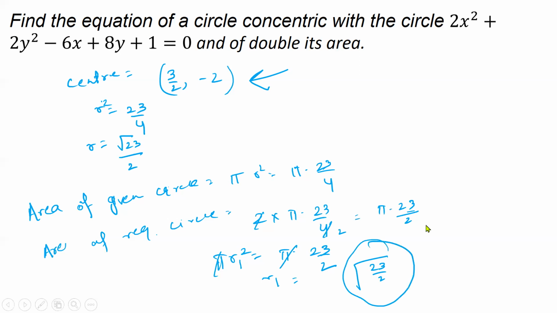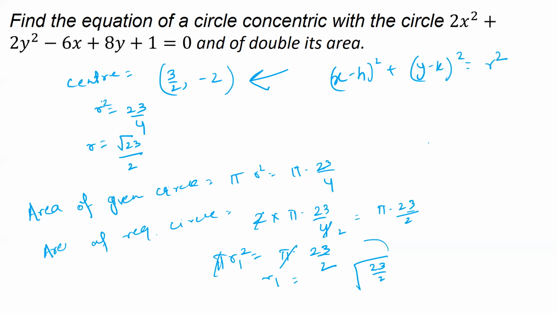Okay. So I have the center, I have the radius. I just need to find out the equation of the circle, and I can just use my formula from the previous chapter, from the first video. I know that x minus h the whole squared plus y minus k the whole squared is equal to r square is the equation of the circle with h comma k as the center and r as the radius. So I know the center 3 by 2 comma minus 2.